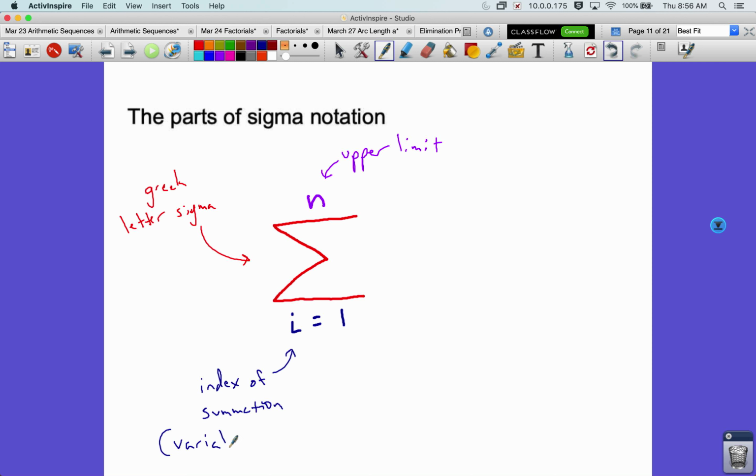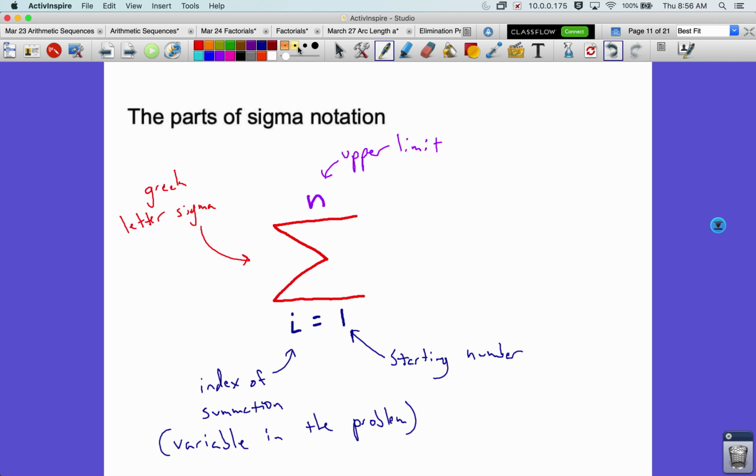And then this number here, this is our starting number. So you're going to start by plugging this number in for i, and then you're going to keep increasing it by 1 until you hit the upper limit.